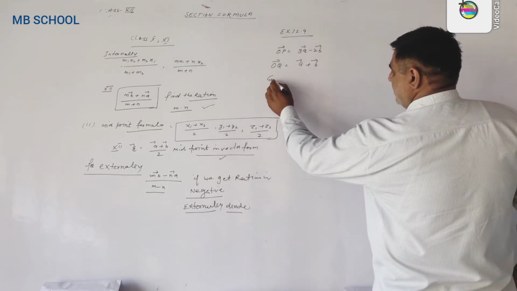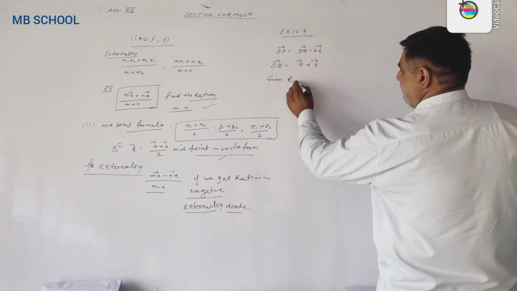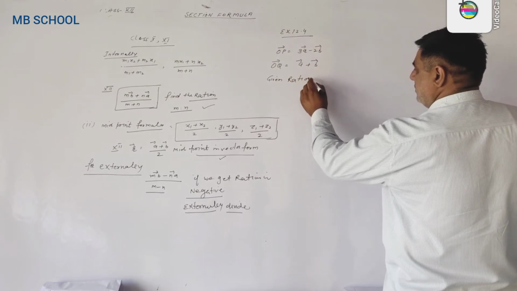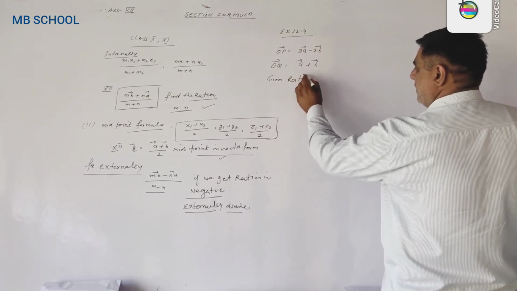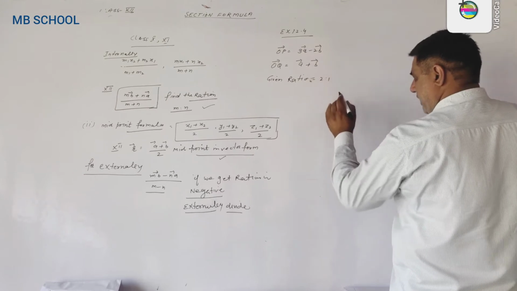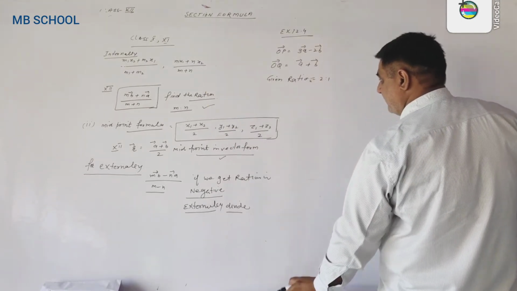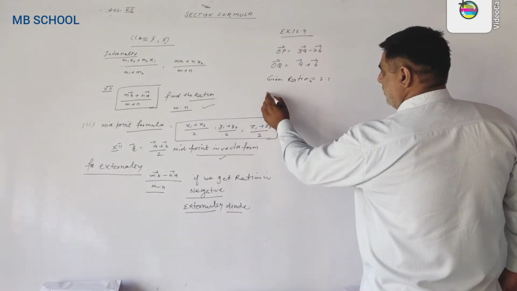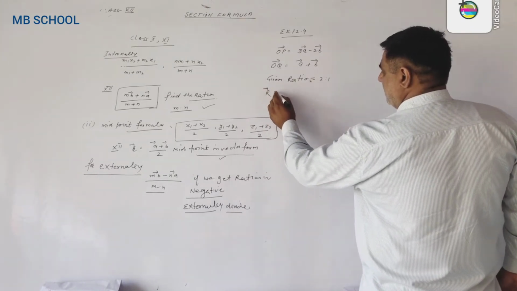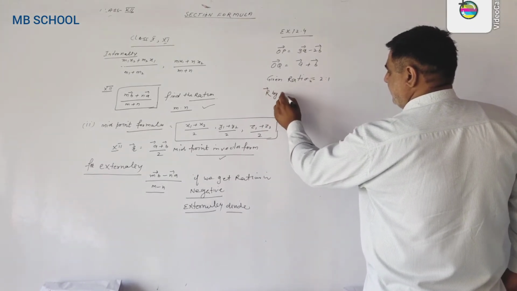Given ratio is 2:1. Now we have discussed these by internally. Now we find the point R, vector R by internally.